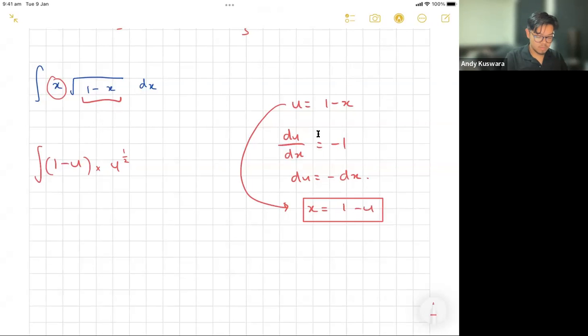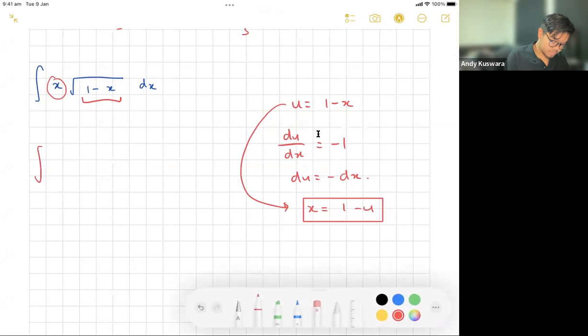Sorry guys, let me write it a little bit nicer because my u's are looking a little bit like 4s.